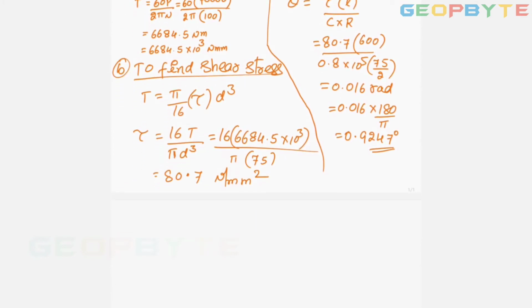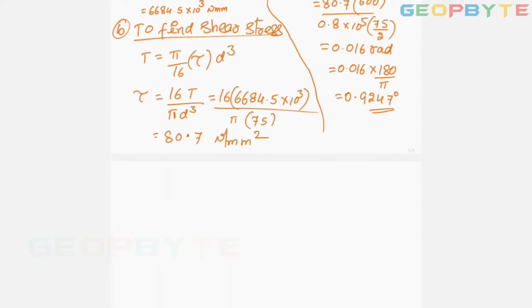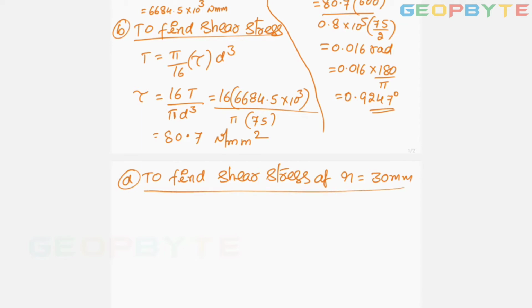Come to the next part: shear stress at a radius of 30 mm. To find shear stress at small r equal to 30 mm, we know that shear stress by radius remains constant.